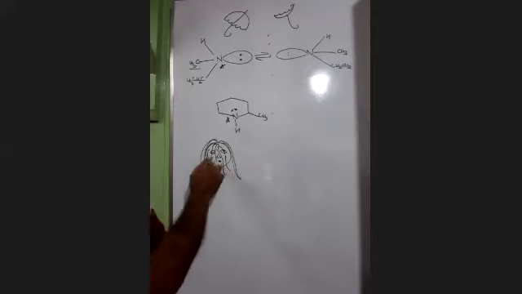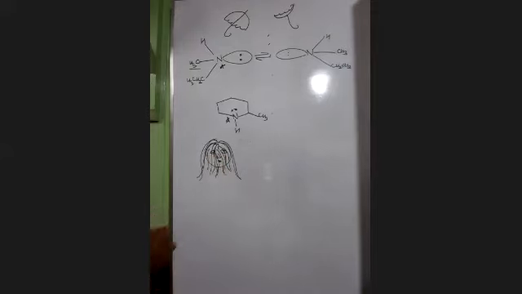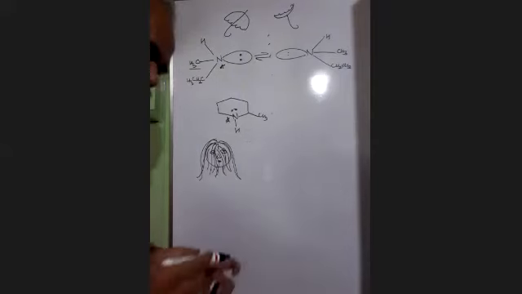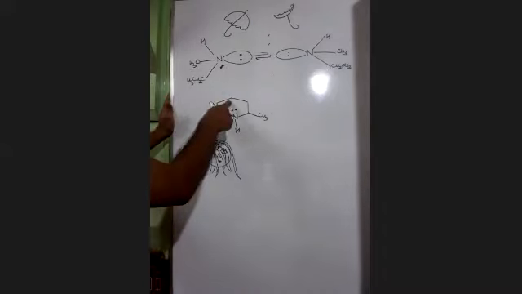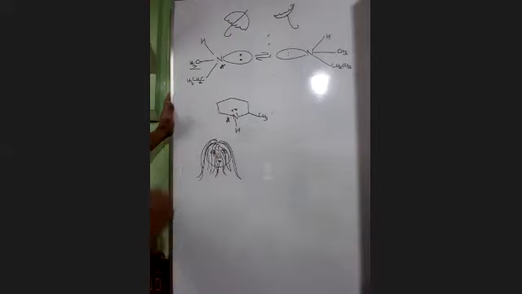So how to avoid the face being covered? If you wish that the wind should not disturb your hair, what will you do? Sir, tie the hair. Yes. If the hair is tied, it will not come in front. Just like this, one carbon is joining both the alkyl groups. So this cannot come, and in that case, Walden inversion is not possible.